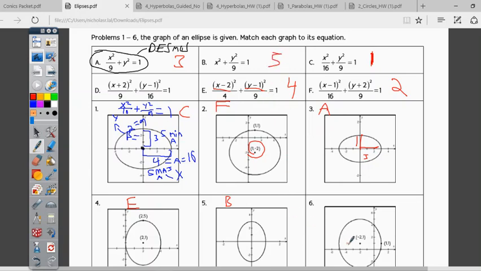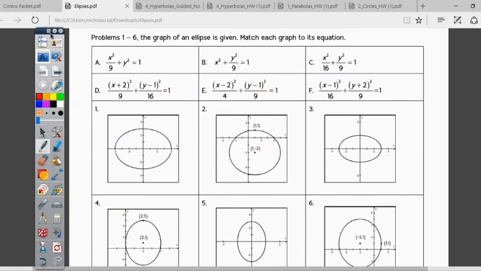For 6, I can immediately tell looking at this ellipse, this will be x plus 2 squared over 9 plus y minus 1 squared over 16, and that's going to be D. Of course, that is all equal to 1. Let me clear my annotations. That's problems 1 through 6.